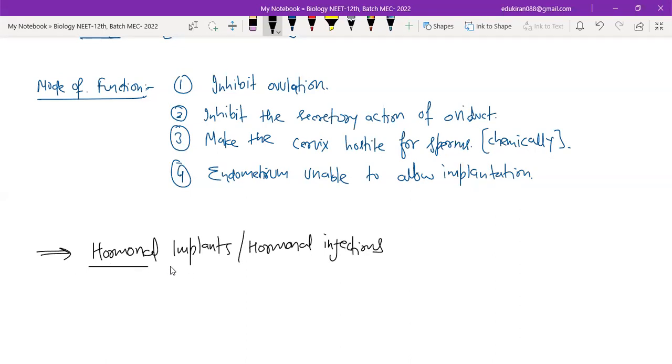In this mode, progesterone and estrogen are implanted below the skin. A small thing which contains the combination of these chemicals is implanted under the skin, and it keeps secreting these chemicals into the blood slowly over a very long period of time. So these are long acting.